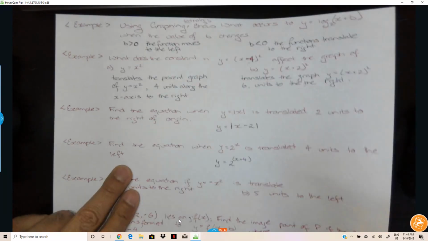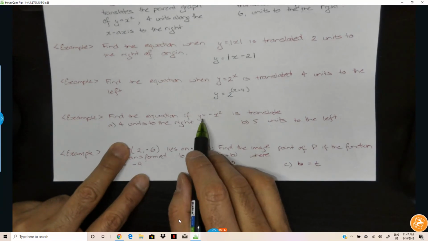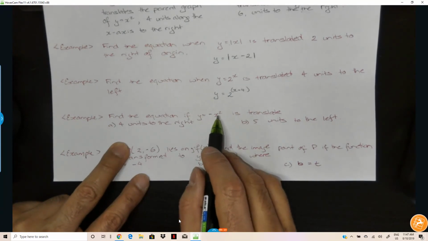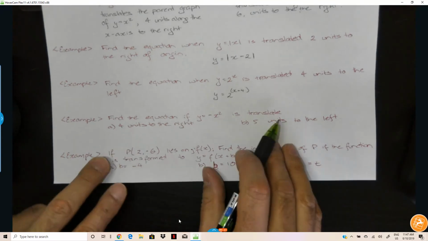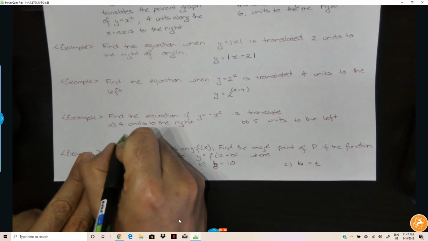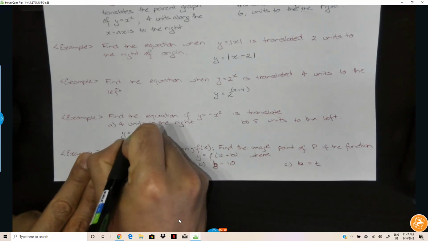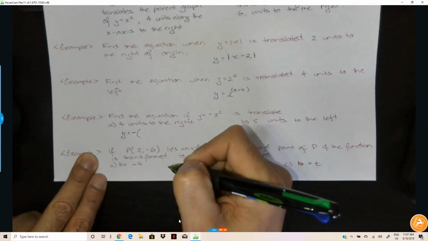Find the equation of y equals minus x squared translated 4 units to the right. Here the negative just reflects it around the x-axis.